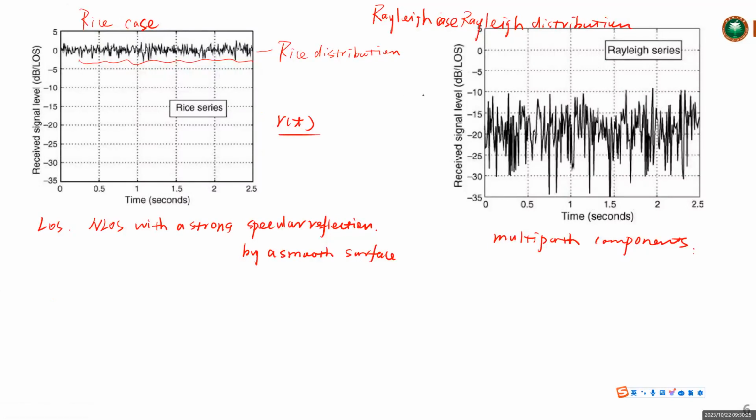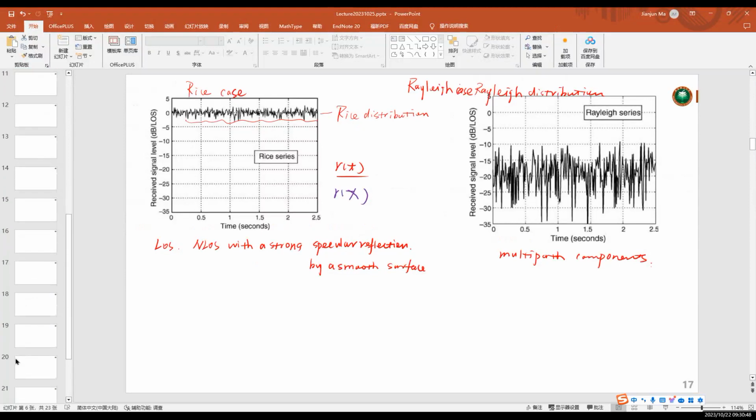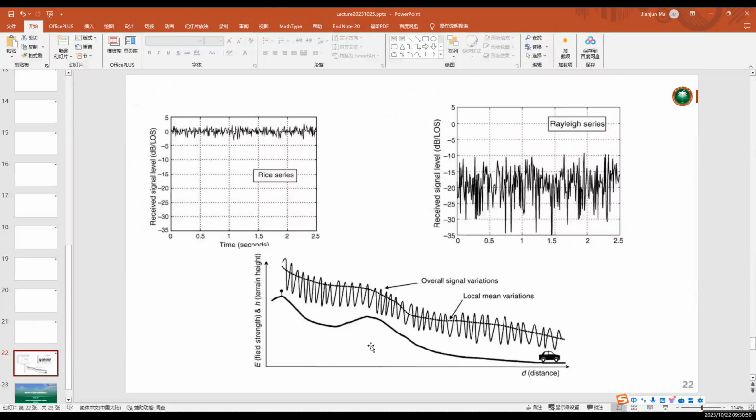We can also express it with respect to the distance domain. So how can we do that? Let's choose a plot on that. This plot.